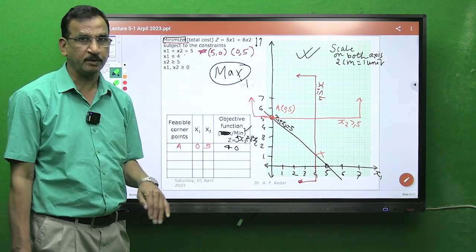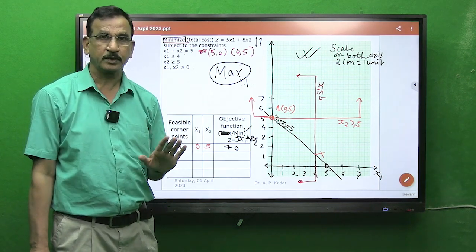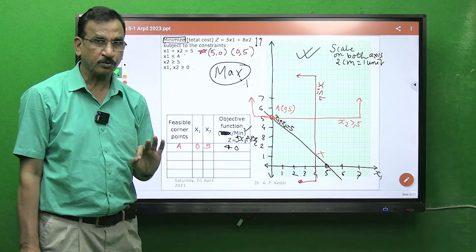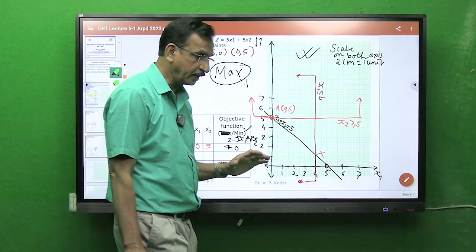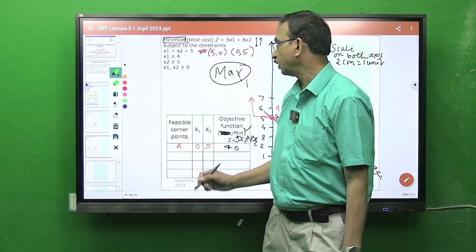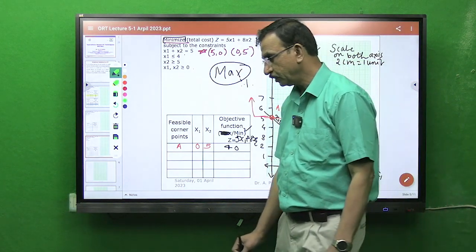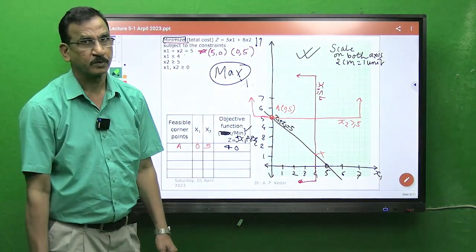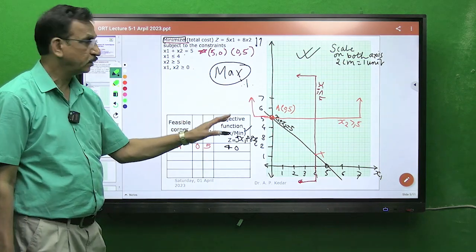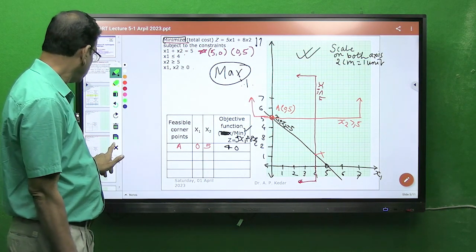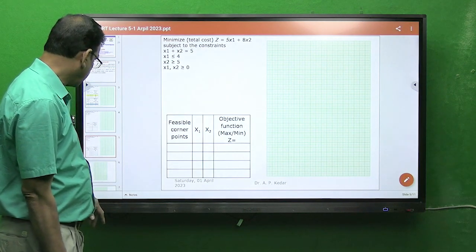So in case of minimum we select minimum, in case of maximum we select maximum. But what you have to remember is that your solution will lie only on this equal to line. I think it is clear now how to tackle it when it is equal to. Now we will go ahead.